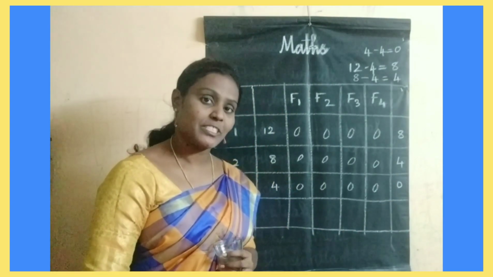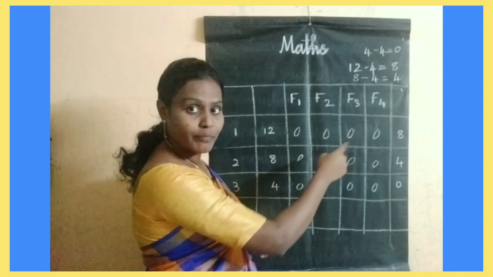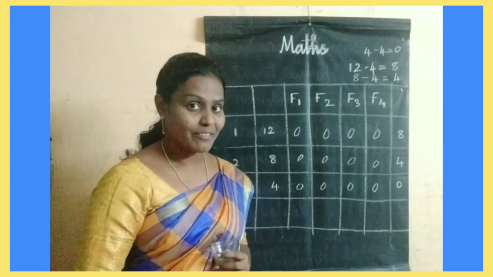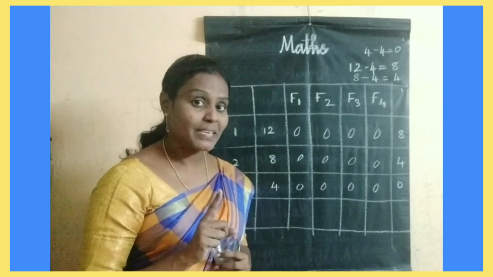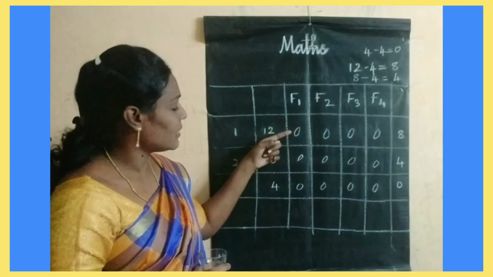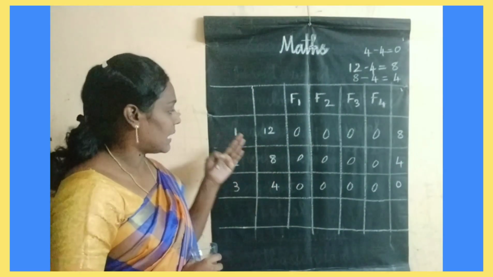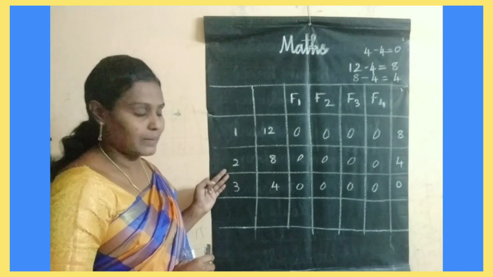Children, I have shared 12 badams among 4 of my friends by giving them 1 badam in each step. So, each one has got 3 badams. I have shared in 3 steps.